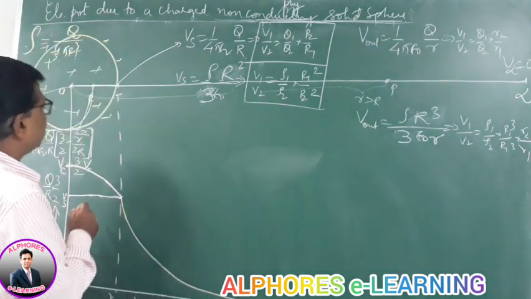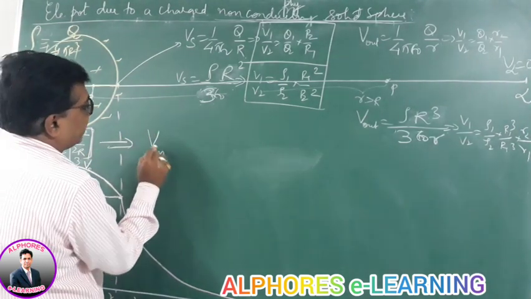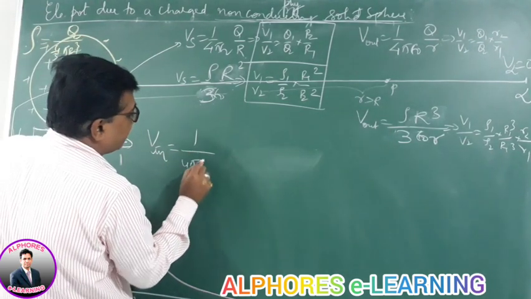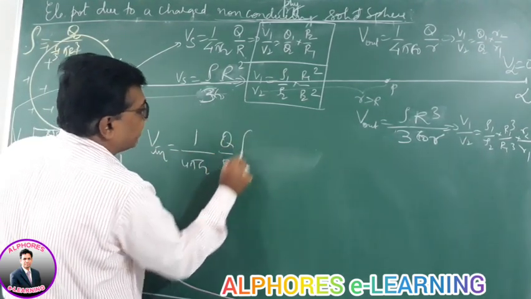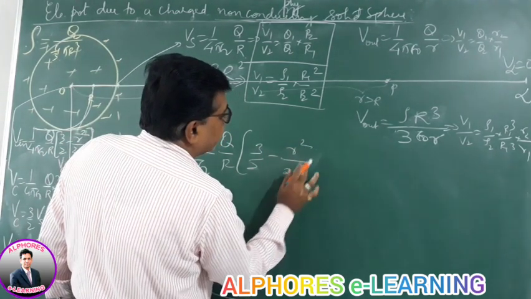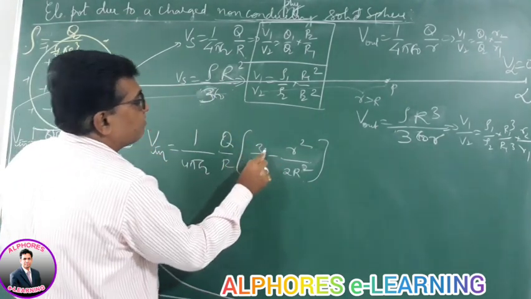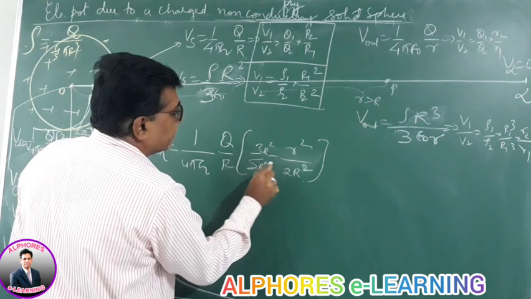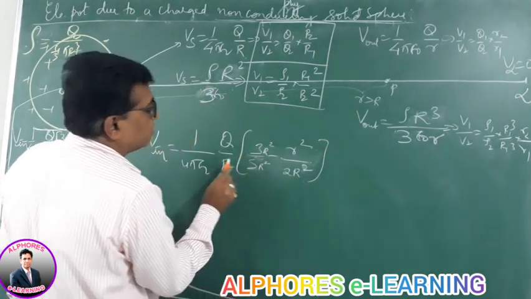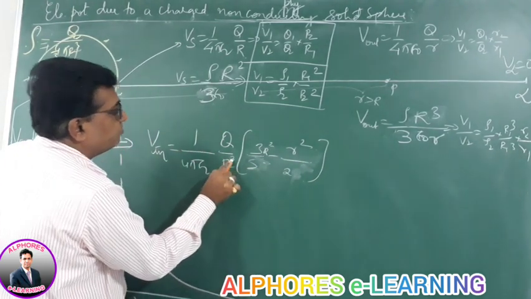The graphical representation. Well, again I can represent the potential at the inside point in terms of surface charge density. So 1 by 4 pi epsilon naught q by r bracket 3 by 2 minus r square by 2 r cube. Sorry, 2 R square. Let me multiply r square here and divide by r square. So taking this r square common out, it is r cube.